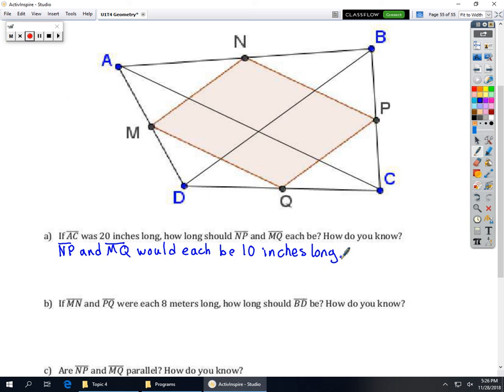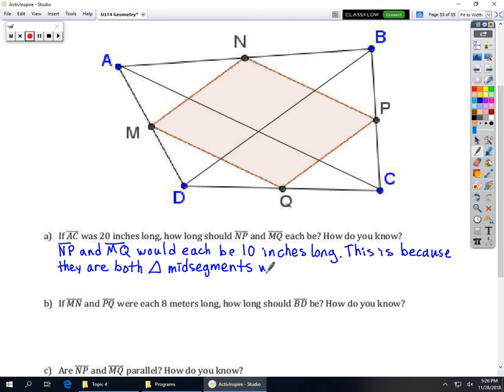This is because they're both mid-segments, so they're both half as long as AC. So this is because they are both mid-segments. I can say they are both triangle mid-segments. We can do that. Triangle mid-segments.